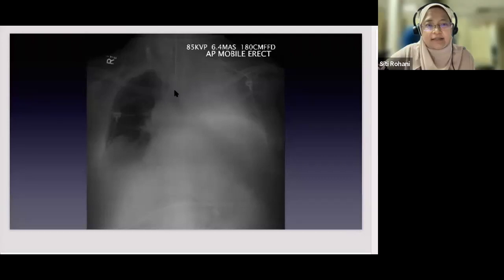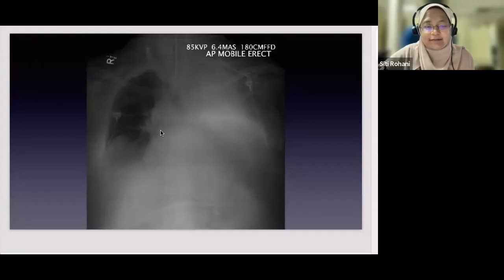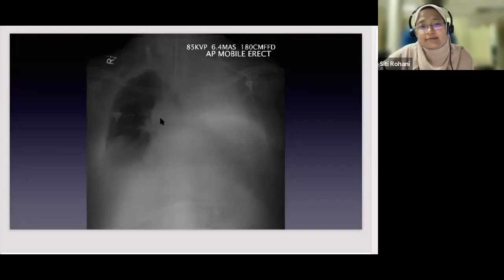There's a trachea, there's a carina. It goes to the right side. The trachea divides into right and left. Okay. Yes. So the ET tube is located in the right main bronchus. So this is right bronchial intubation, causing left lung collapse.